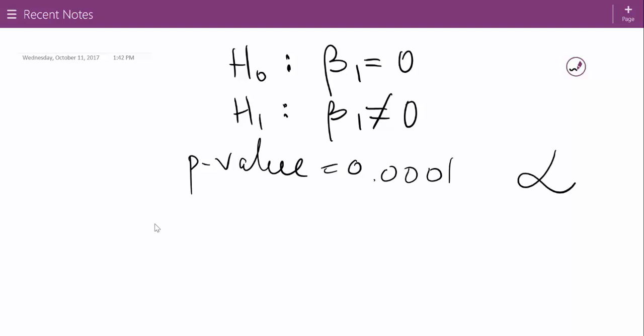10%, 5%, 1%, it's still going to be lower, right? So whatever alpha I choose, my p-value is less than alpha. What does that mean in terms of choice between null and alternative? I reject the null, right? I reject the null in favor of the alternative. And what does my alternative say about my model? My model is statistically significant, right? Which means that mileage is a statistically significant predictor of the price. That's my conclusion, okay? So this model is not random.